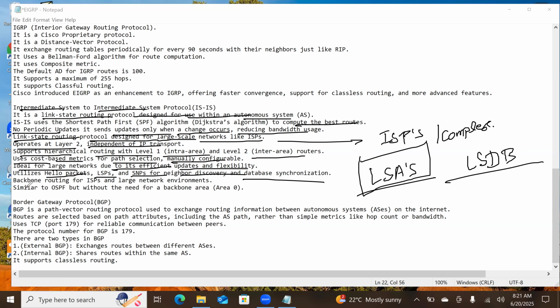It is backbone routing for ISPs and large network environments, and it is similar to OSPF but without the need for a backbone area. Which is called the backbone area? Area 0. In OSPF every router should be a member of area 0, but here it is not compulsory in ISIS.